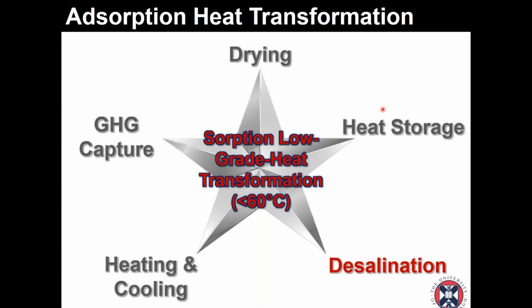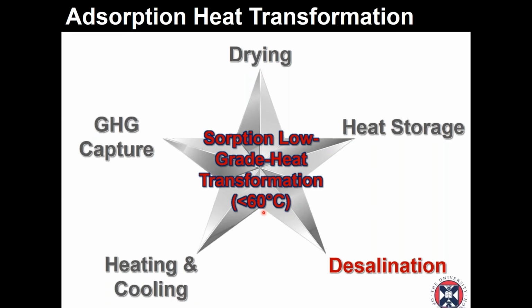In particular, we focus in this presentation on technologies which are powered by extremely low grade heat, and in particular we are targeting heat below 60 C, because this is really waste heat. No one is ever going to recover heat below 60 C. Nevertheless, there are various emerging technologies that can recover this waste heat.